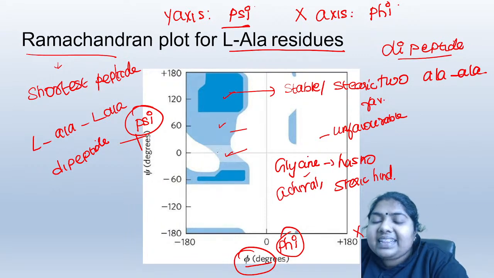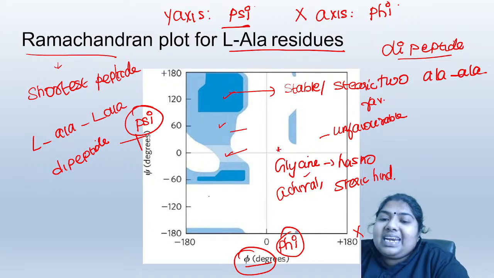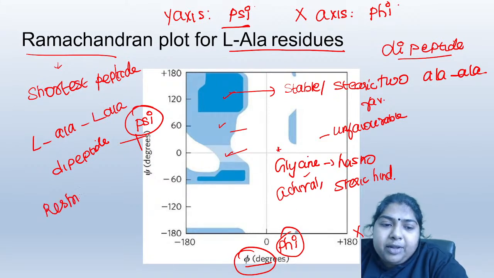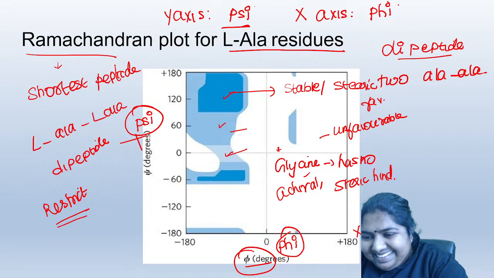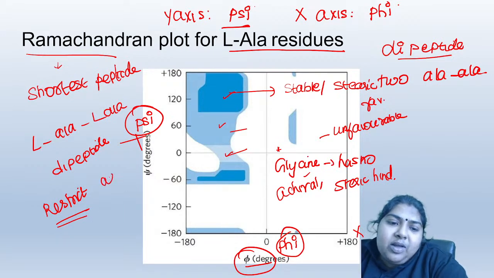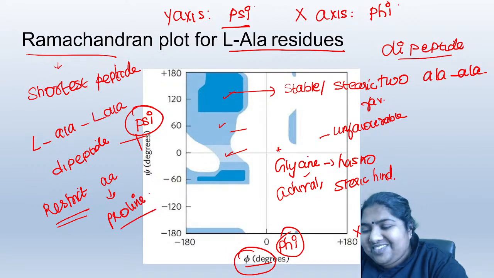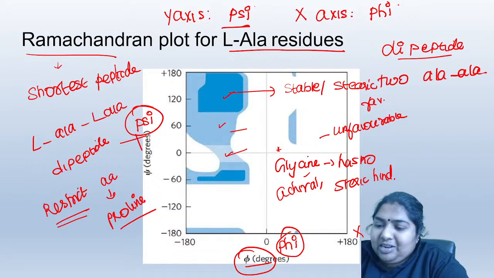So glycine can be found anywhere, even in the white region. But you restrict one amino acid. Yes, Pankaj. Which is the restricted amino acid? It is going to be proline. Proline is the notorious filler. You don't want proline anywhere in your plot.